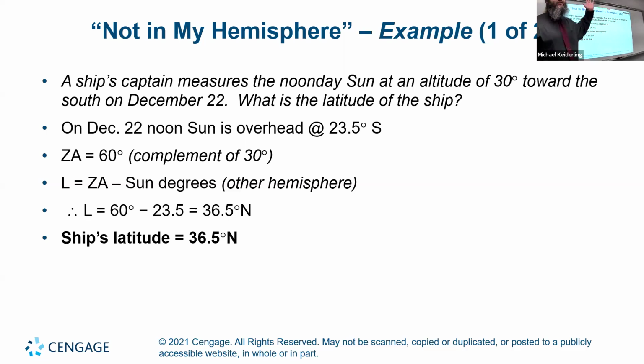So they're in opposite hemispheres. The zenith angle is 60 degrees because it's 90 degrees minus the altitude. So 60 degrees minus 23.5 degrees gives us 36.5 degrees north. That is the latitude of the ship.